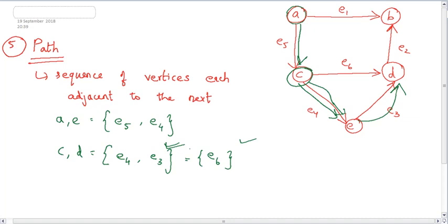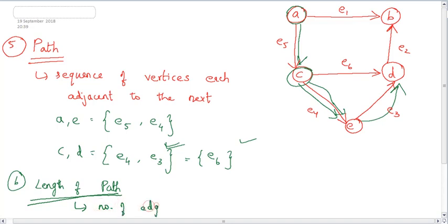Now, let us move on with the sixth concept, which is very simple, length of path. Normally, how will we calculate length in real life? With the help of meters, miles, kilometers. But how will we calculate it in this graph? In the graph we will be calculating the number of edges along the path.